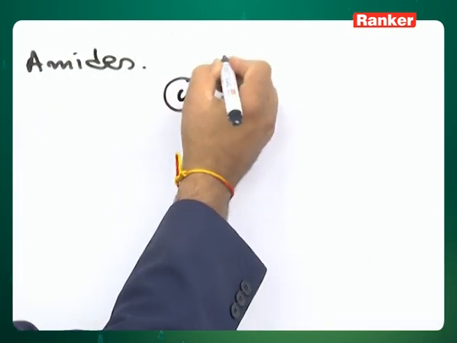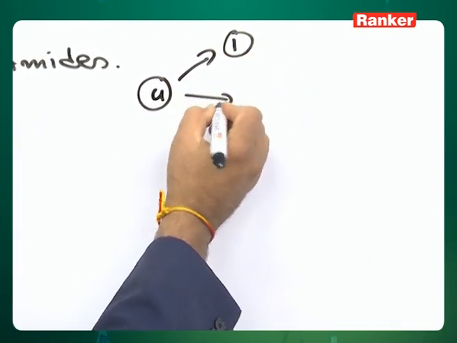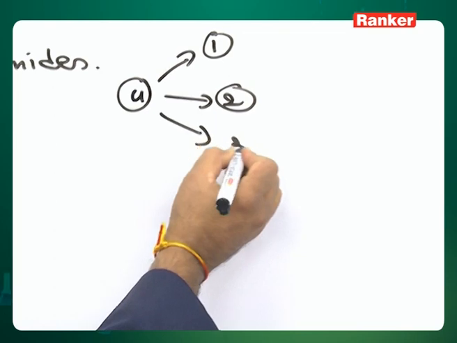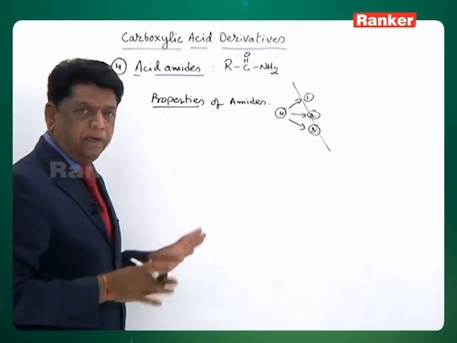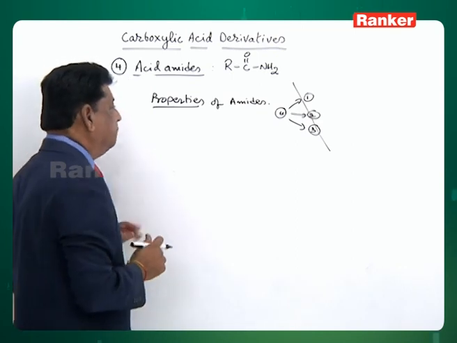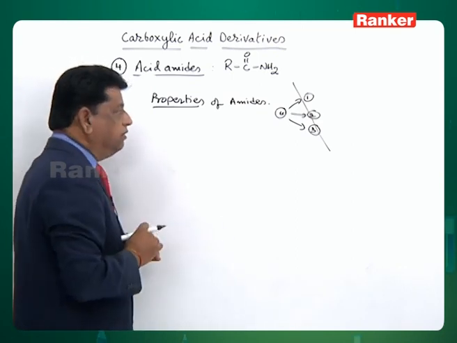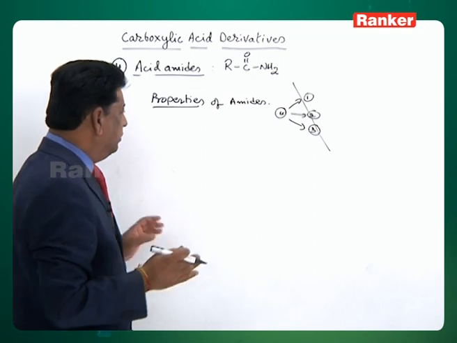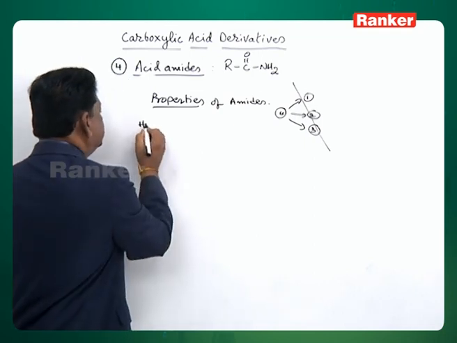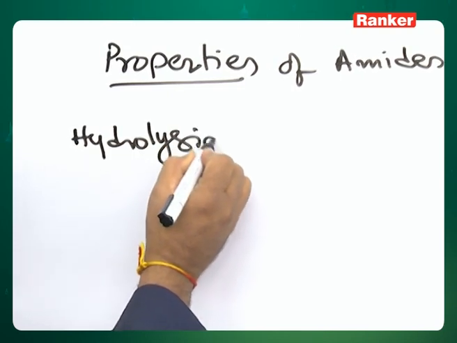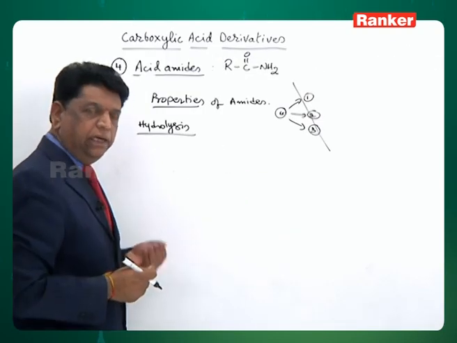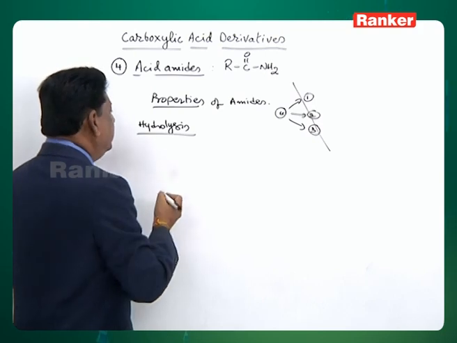So, from 4 you cannot prepare either 1 or 2 or 3. These types of conversions are not allowed, or forbidden conversions in fact. However, hydrolysis will take place, not readily, but continuous boiling with an alkaline or acidic medium is allowed to some extent.